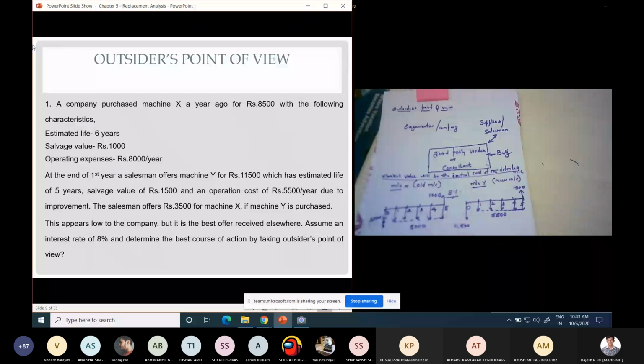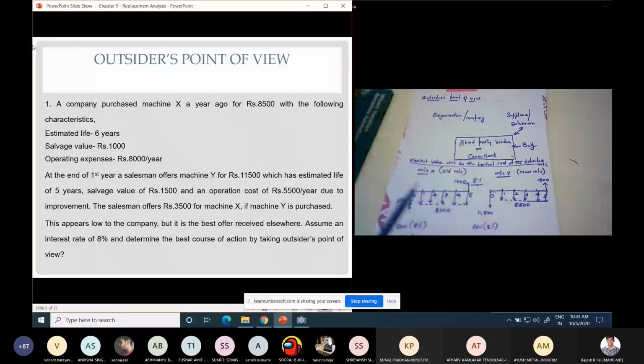I have written it here. So market value will be the initial cost of the defender machine, or the old machine. If you remember this one component, then you can easily solve it. But how will this component be applicable? It is nothing but that the consultant is buying the asset. So that is why this statement can be used.